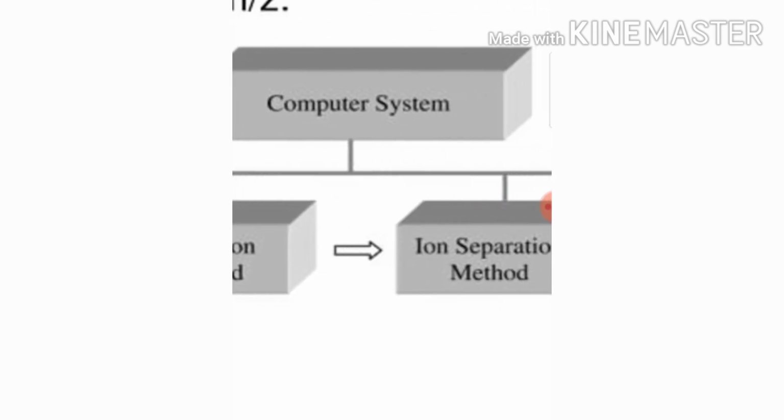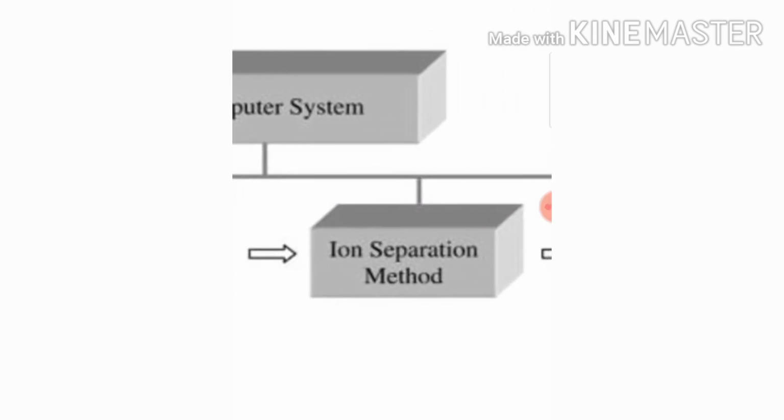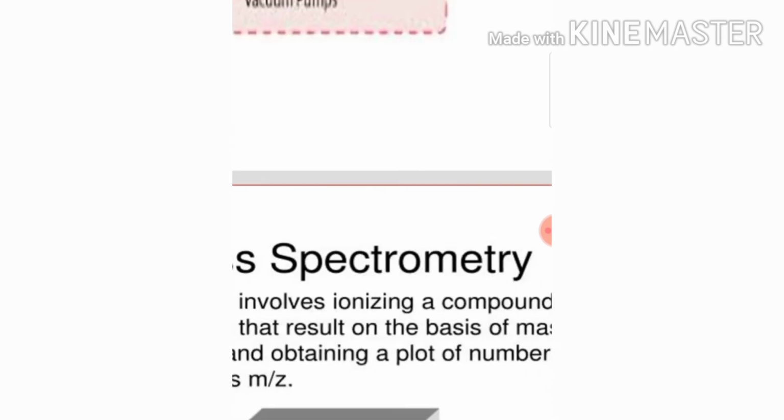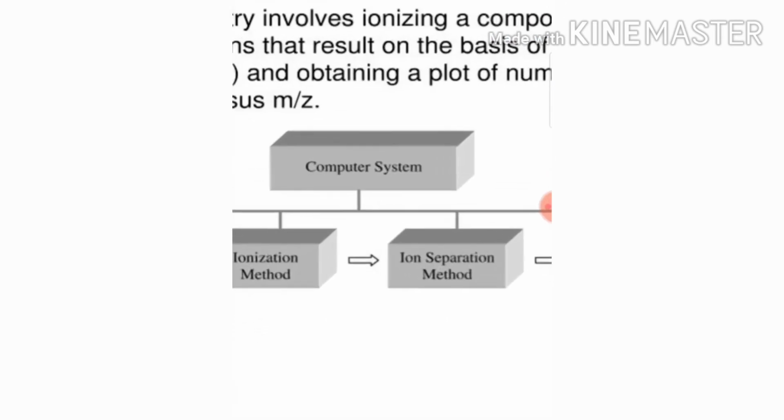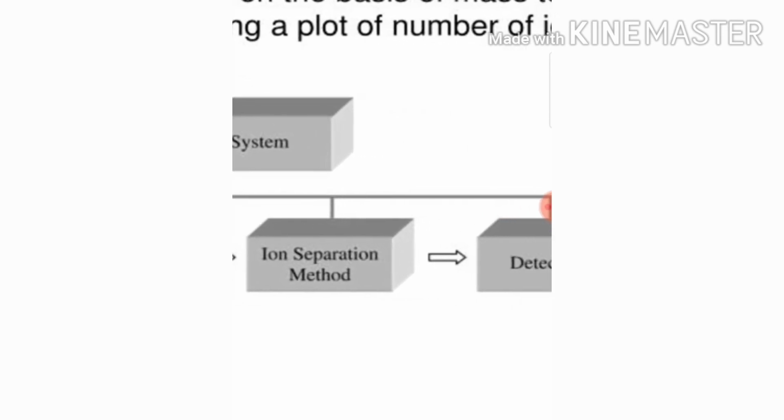Next, the sample is separated on the basis of different mass and different energy in each vaporized form of the ionic samples. It is separated in the presence of a strong electric and magnetic field.